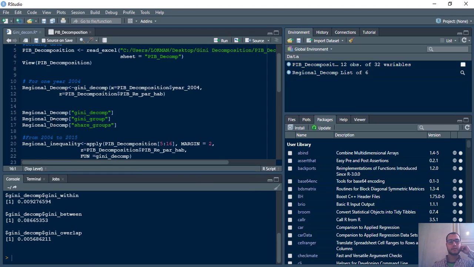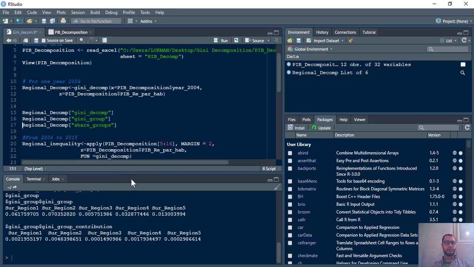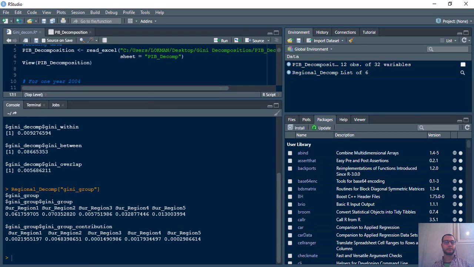We can also use this code. This is the Gini Group. For each region, this is what we call the inter-region, intra-region coefficient.